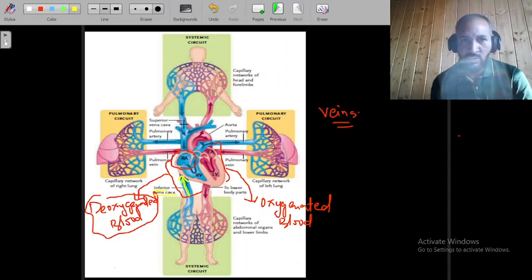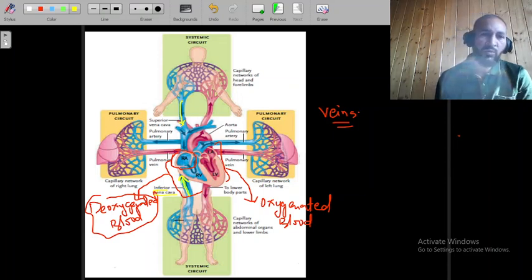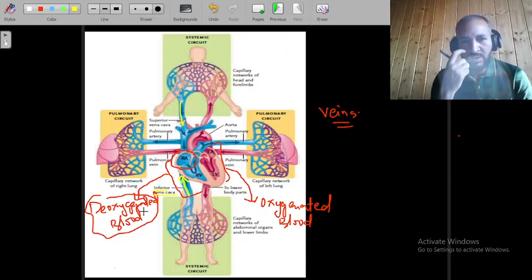There is another vein which brings blood to the right atrium from the superior part of your body, your head, your neck region, your body trunk. This is the superior vena cava. So these are the veins which bring deoxygenated blood, or blood that contains very little oxygen, to the right atrium. From the right atrium, it goes into the right ventricle.